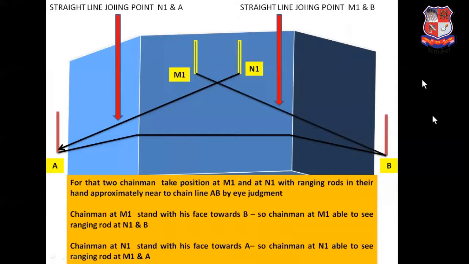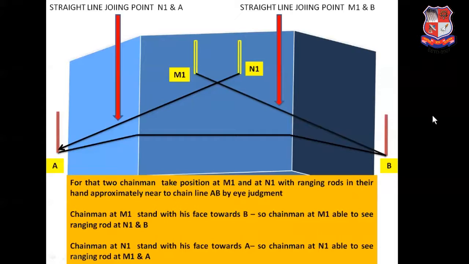So how is it done? To perform the indirect ranging process, two chainmen will take positions at M1 and N1 as shown in the figure, with ranging rods in their hands, approximately near the chain line AB by eye judgment.